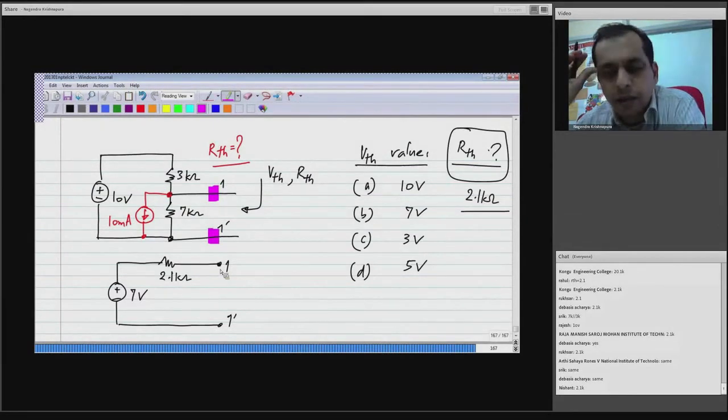Okay. Now what will be the value of VTH? The Thevenin voltage source, what is the value going to be?